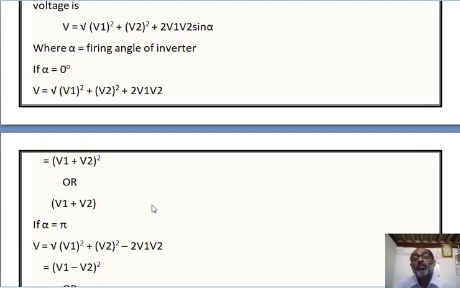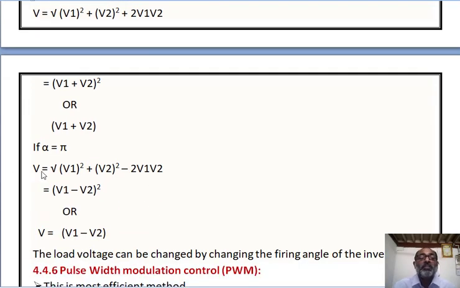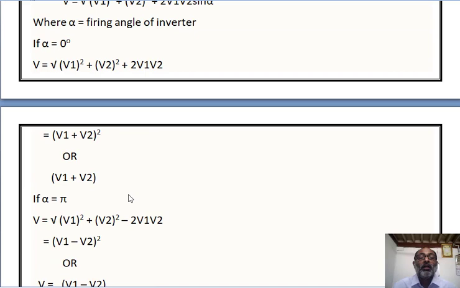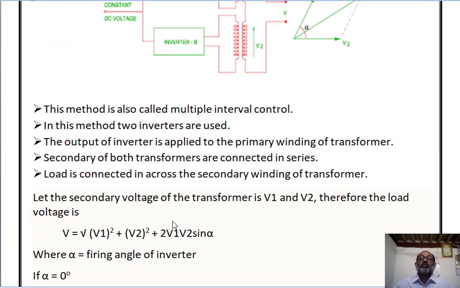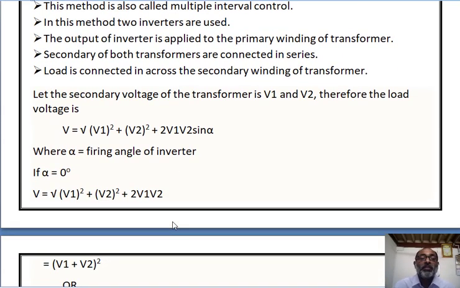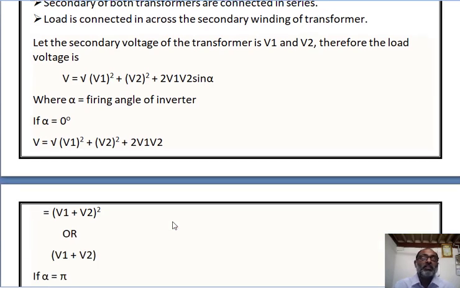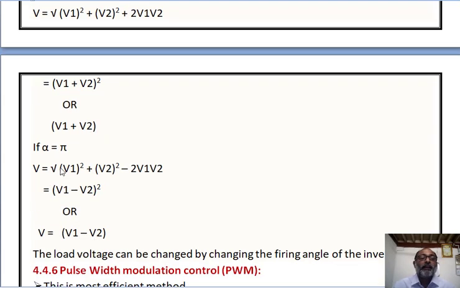Now if alpha is equal to 180 degrees, or pi, our equation becomes the square root of V1 squared plus V2 squared minus 2 V1 V2, which is (V1 minus V2) whole squared, or V equals V1 minus V2.